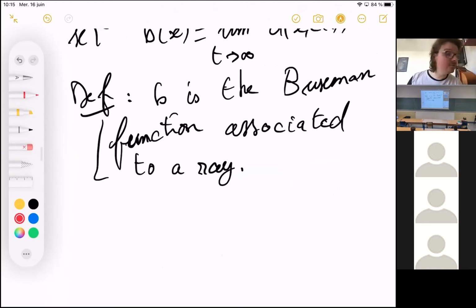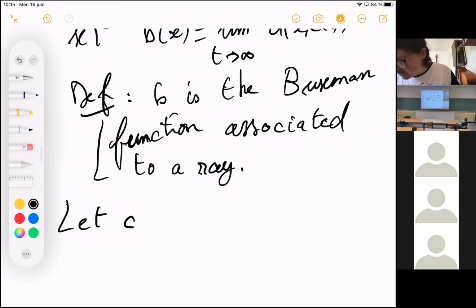Okay, so what can we do with that? When we have a line, we get two Busemann functions for free. So now let C be a line.